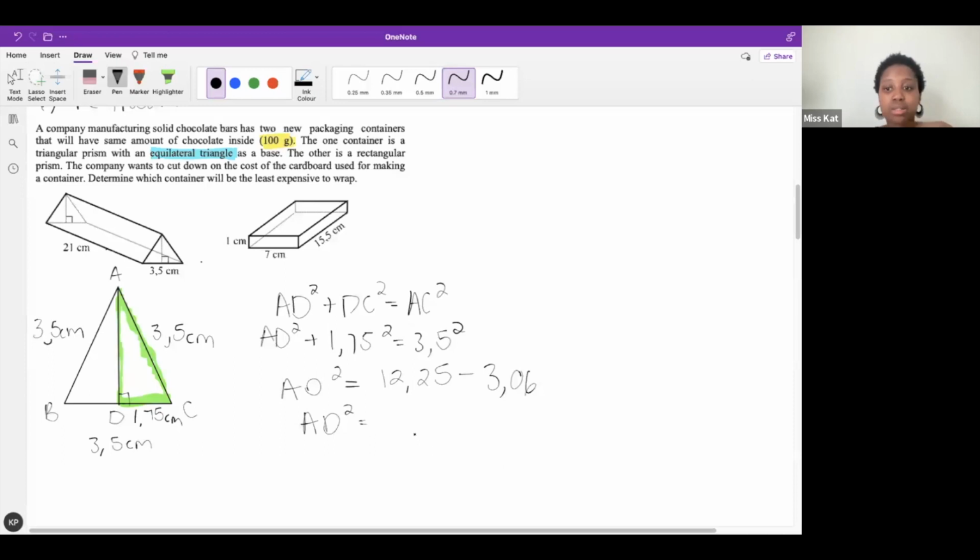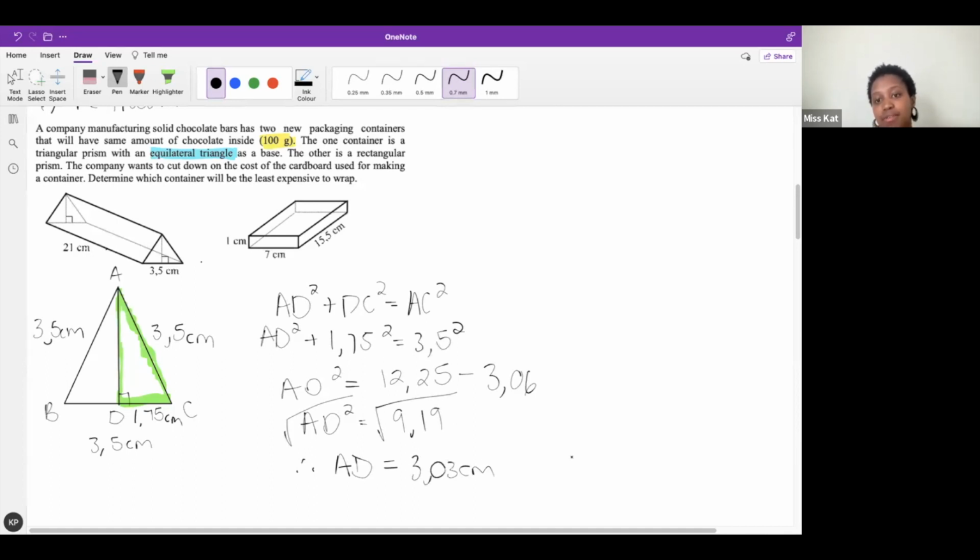We haven't square rooted yet. So just subtract these two. 9.19, and then we square root, which I assume is going to give us 3.24. Therefore, AD equals how much? Is it 3.24? Oh, 3.03.